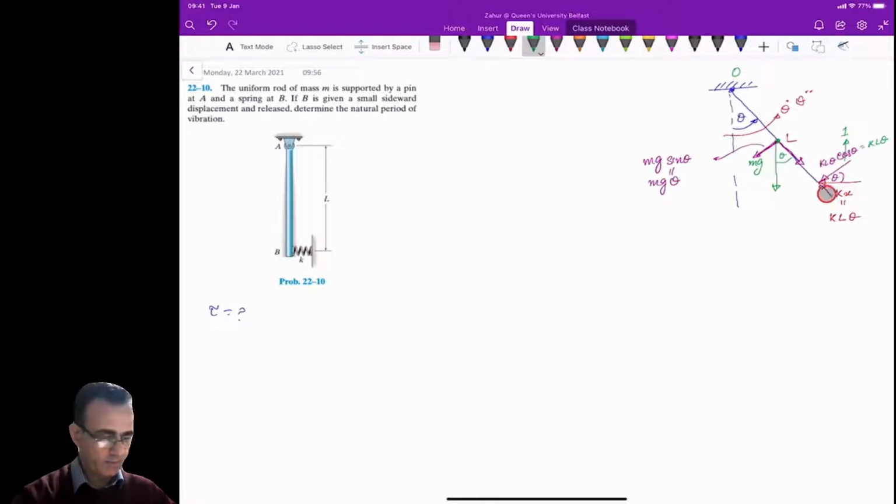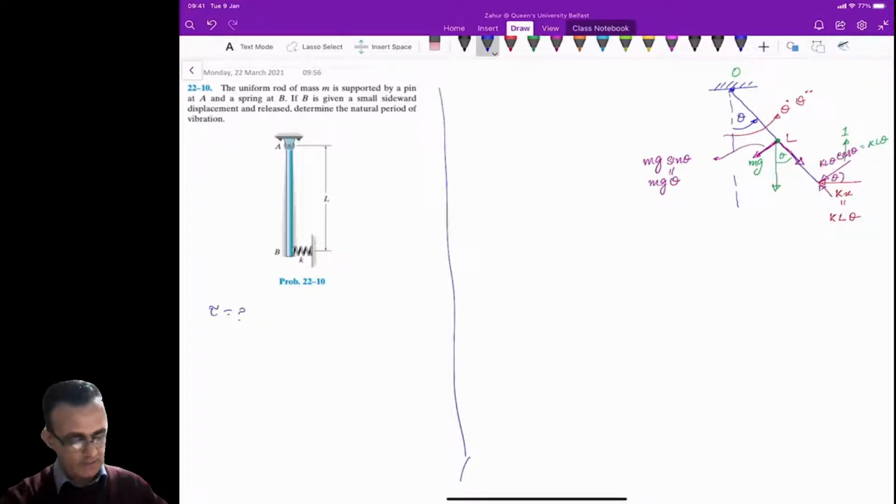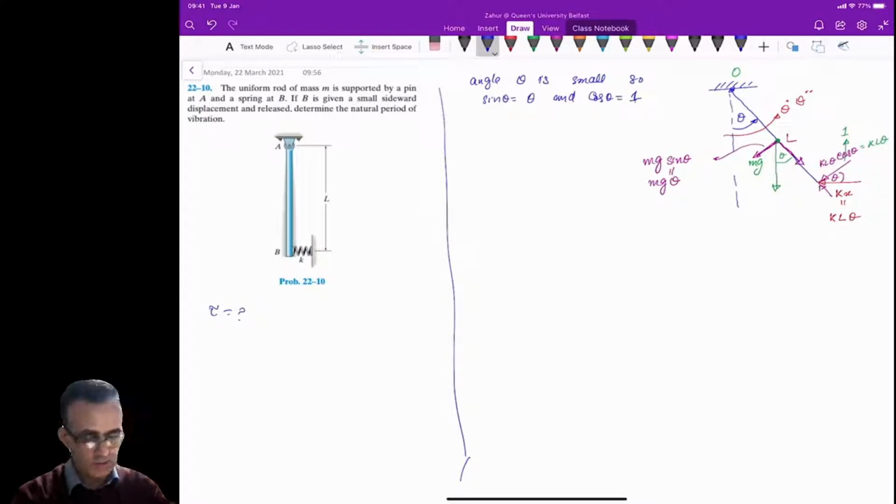Similarly, this component of the kx is passing through the O, so its moment is 0. So we will just ignore these. Okay, and again, it's important that angle theta is small. So sine theta equals theta and cos theta equals 1. So we are just using these assumptions here.